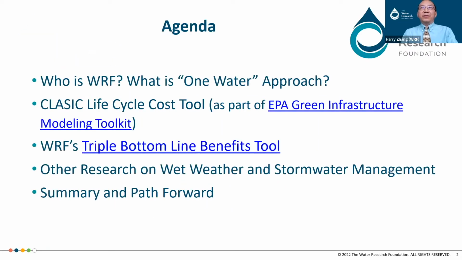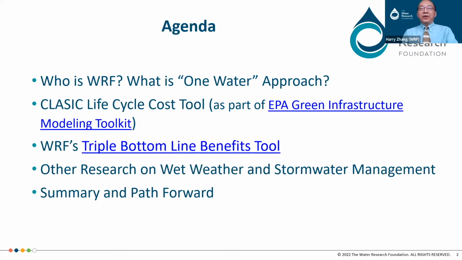So here's the agenda of my presentation. I want to first tell you a little bit about the Water Research Foundation, and then a One Water approach. Then I'm going to zoom in on the CLASIC life cycle cost tool, which is now part of the EPA Green Infrastructure Modeling Toolkit.